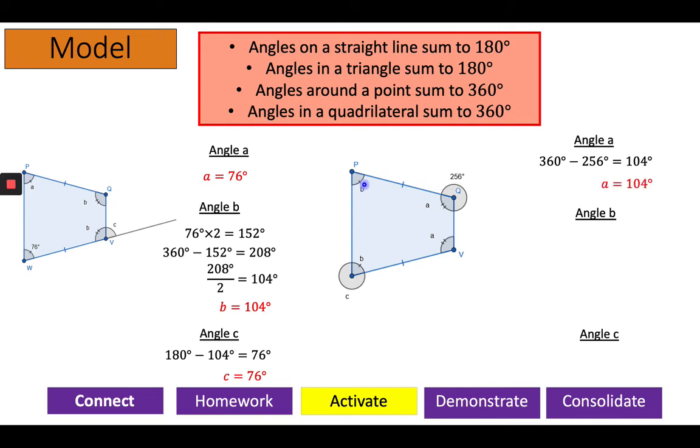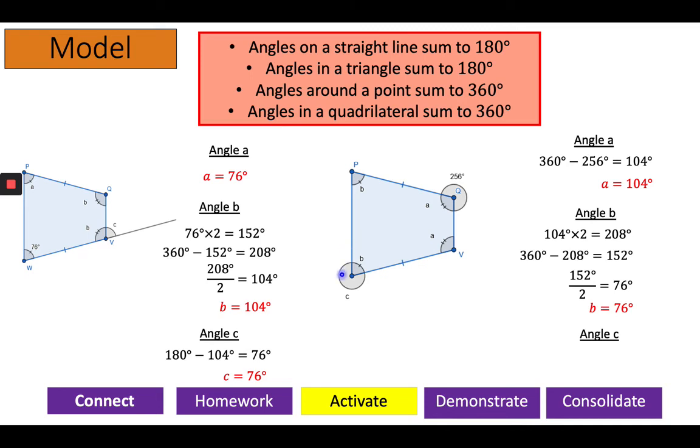Now to find our 2 angle B's, we have to double our angle A because there's 2 of them, so 104 times 2, which equals 208 degrees. We then subtract that from 360 using this rule here, and we get 152 degrees. Because there's 2 of them again, we divide by 2, so we get 76 degrees, so our angle B equals 76 degrees.